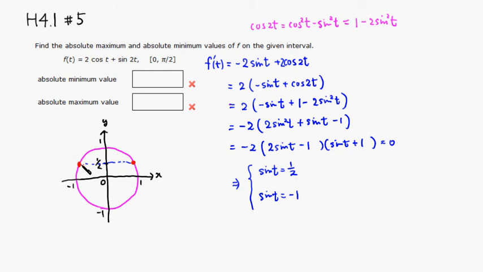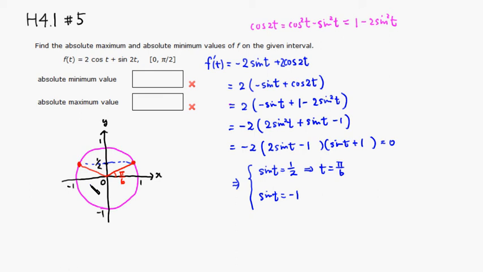So actually this one is a little too big, because this is bigger than pi over 2. So this is the only one. This side is 1/2, this is 1, and this is square root of 3 over 2. So it's a 30-60-90 triangle. This is 30 degrees, which is pi over 6. So t is going to be equal to pi over 6, and 5 pi over 6 is too big, so we're not going to look at that.